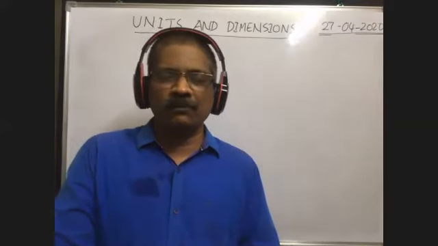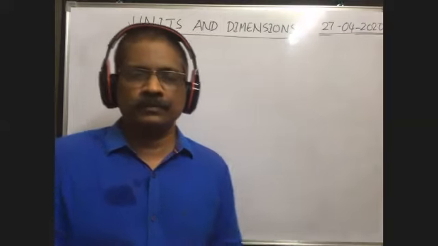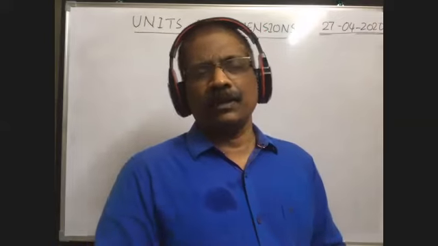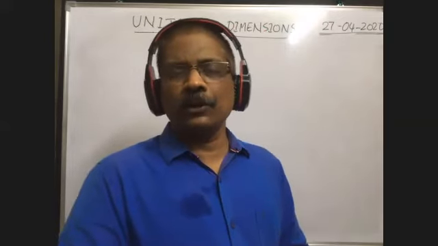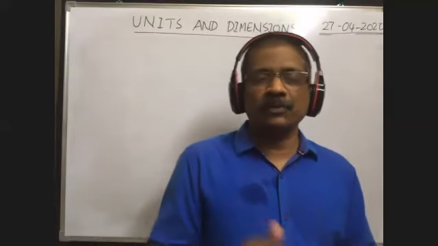What is the unit of force? Newton. What is the unit of length? In the SI system, what is the unit of length? Meter. Okay, that means the various physical quantities and the units of various physical quantities.